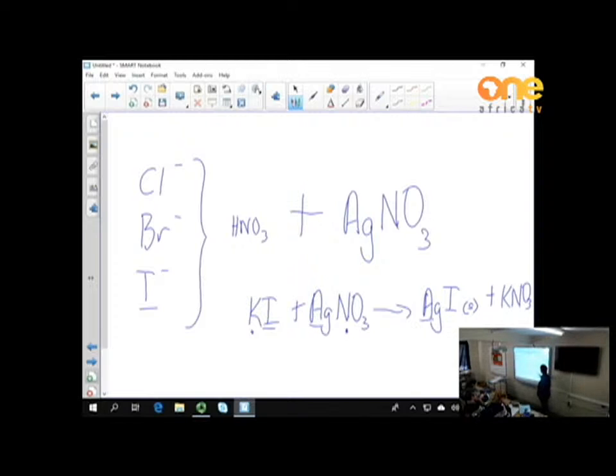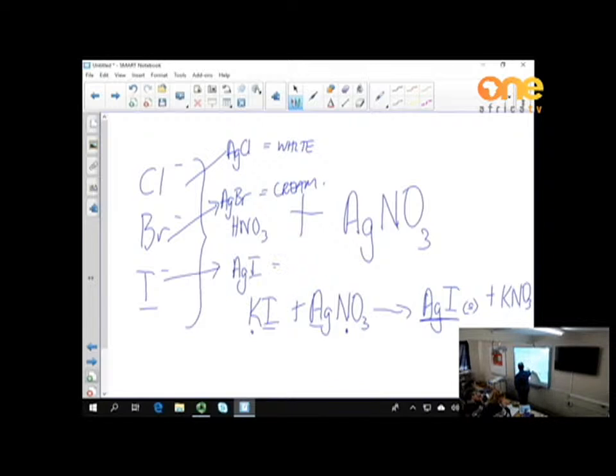So this will form a precipitate. When you do this test, they differentiate: silver chloride is white, silver bromide is cream, and silver iodide is yellow. This is the precipitate that they're talking about.